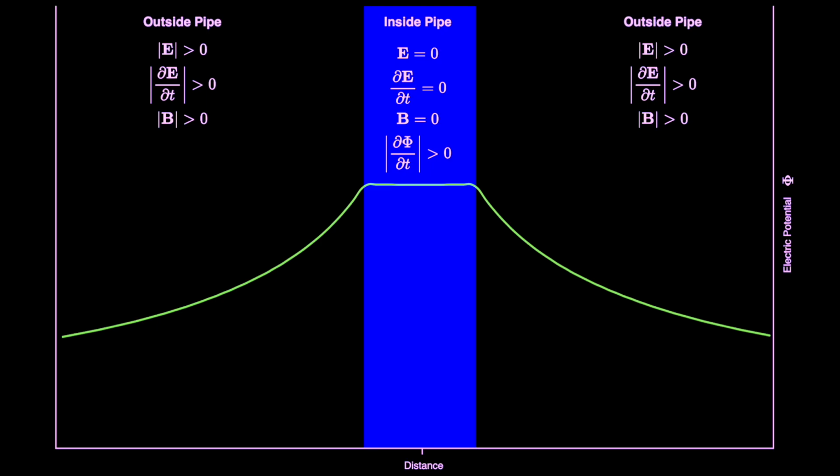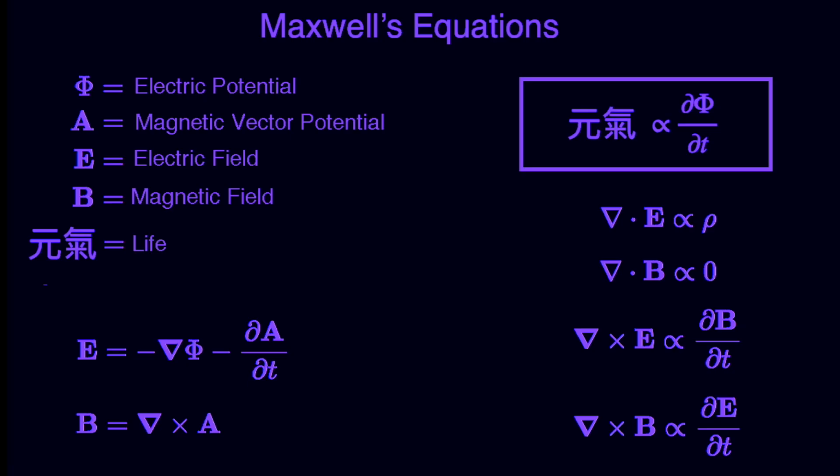The electric potential is very high inside the tube. And as you vary the amount of charge on the tube, you get a time-varying electric potential, which is a very important thing. We've put it back into Maxwell's equations. The life energy, or the Prana, as it was called in the Vedas.